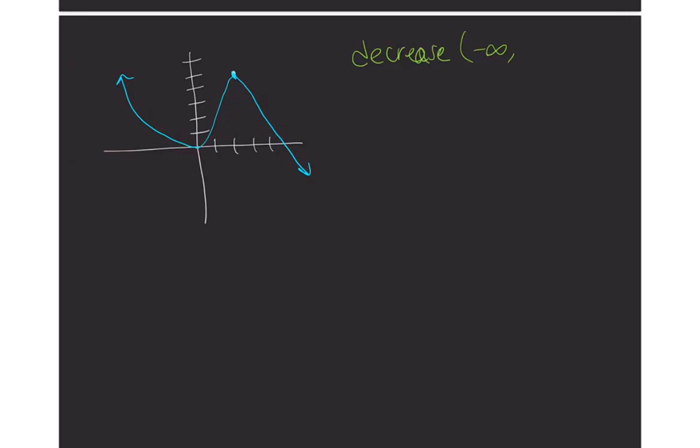And then I'm going to continue to decrease until I get to when my x is 0. And then at 0, my fancy little graph is going to start to increase.